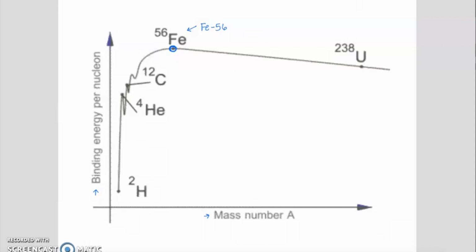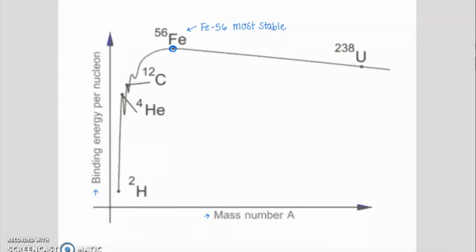Iron-56, with the highest binding energy per nucleon, is going to be the most stable element according to the IB. Now, if you actually poke around on the internet, there are slightly different claims about the most stable element out there in nature. But according to the IB, we are going to go with iron-56 as our most stable element.